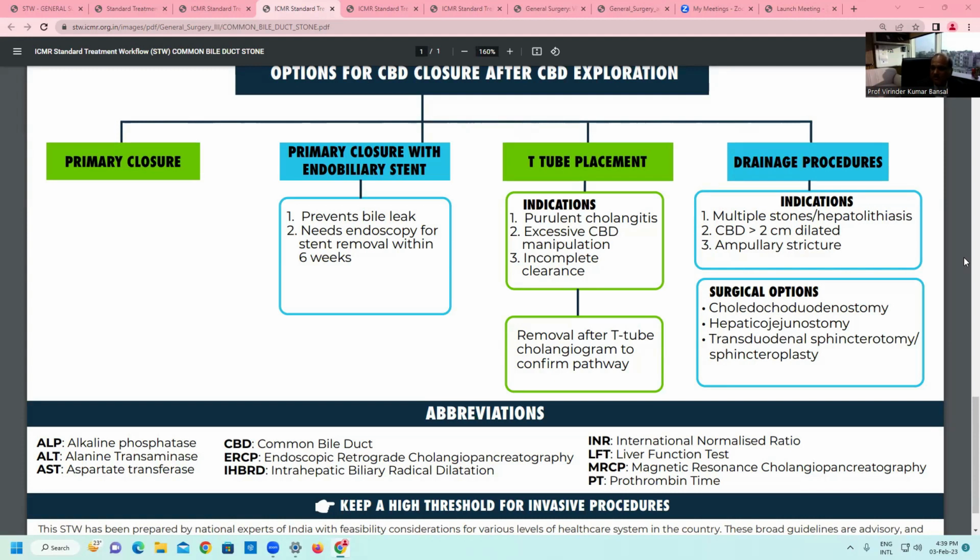See, referral is also very important in all these things, because the patient does not know where he should go for a particular type of treatment. So in a particular area, the person knows that this center will be doing these kinds of things, so that the patient can be referred to that kind of setup. I think that was the basic purpose of devising these STWs.